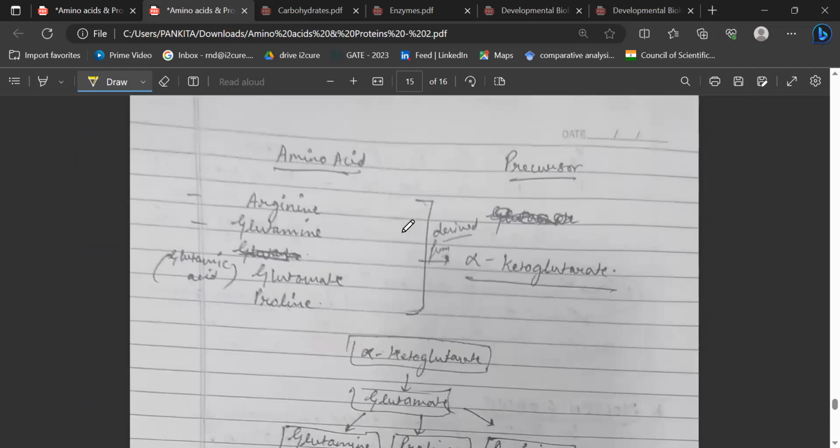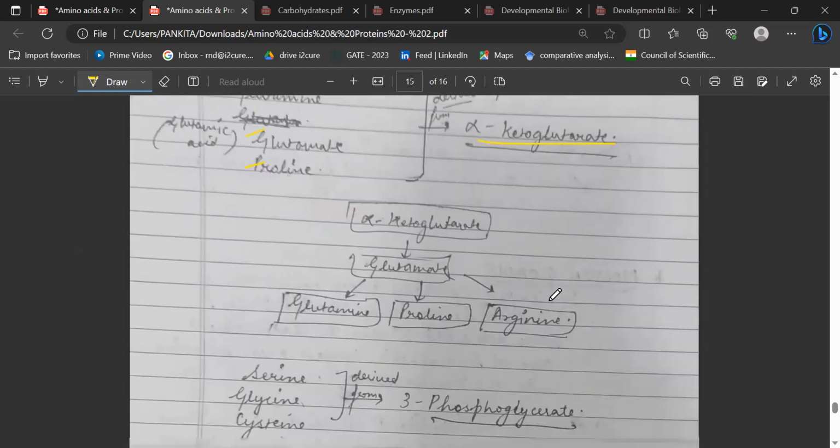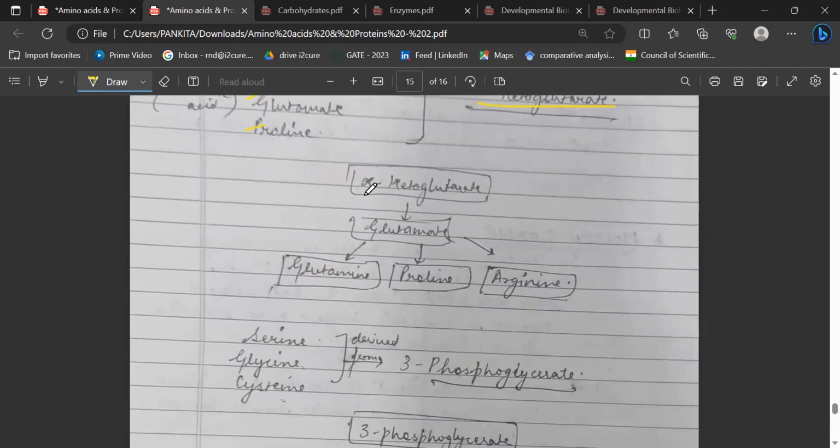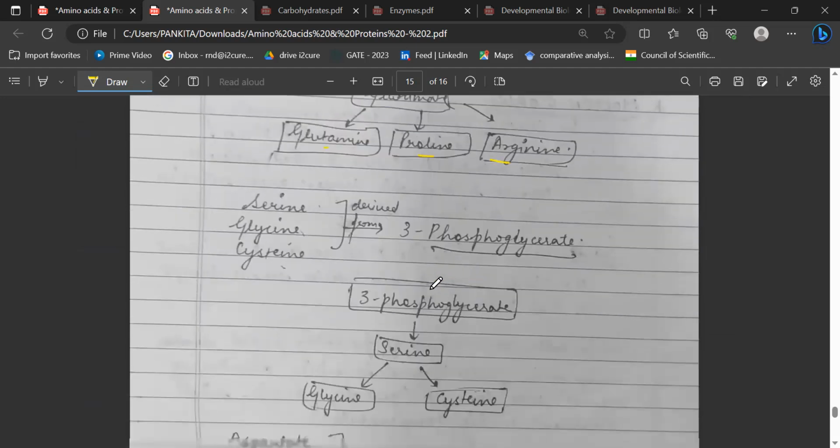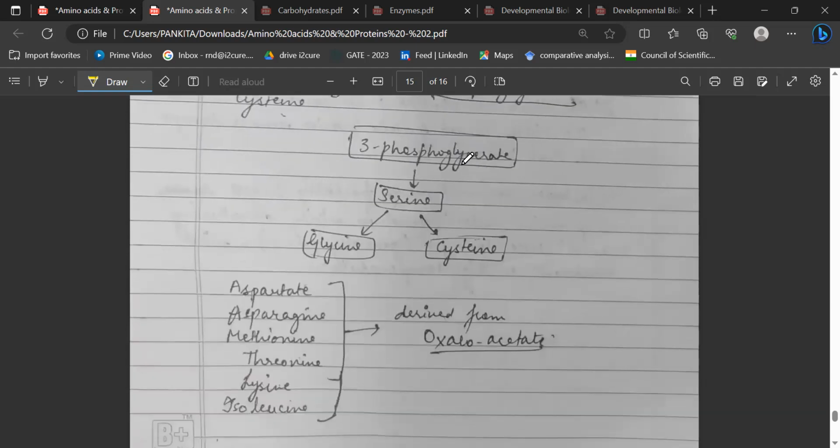So the precursors for different amino acids are written here. The precursor for arginine, glutamine, glutamate, and proline is alpha ketoglutarate. Basically, glutamate is formed from alpha ketoglutarate, and from glutamate, glutamine, proline, and arginine are formed. From 3-phosphoglycerate, serine is formed, from which glycine and cysteine are formed.